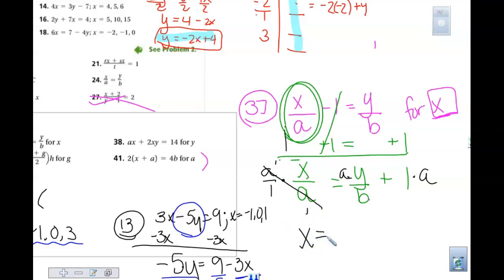Does it matter if you put ya or ay? Doesn't matter, right? These are being multiplied. So if the answer in the back doesn't have ay and it has ya instead, we know that those are the same because you're just multiplying them. You still have b in the denominator. Plus, could you just leave this as an a? Yes.